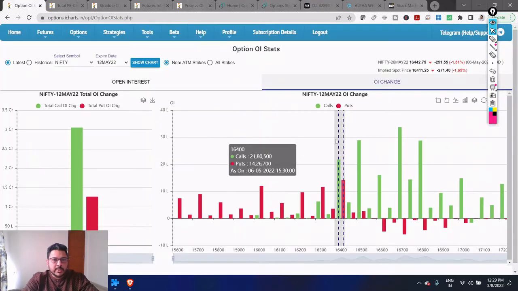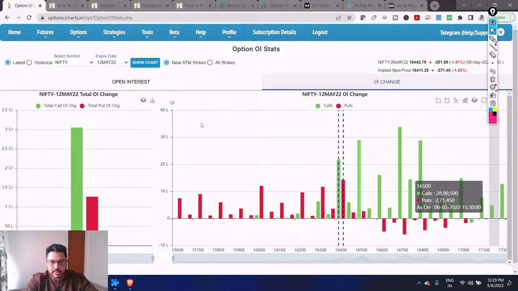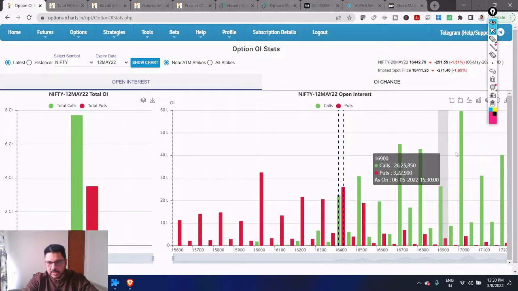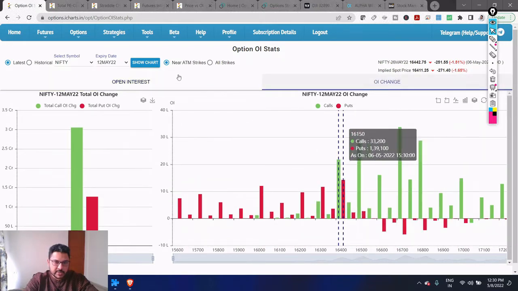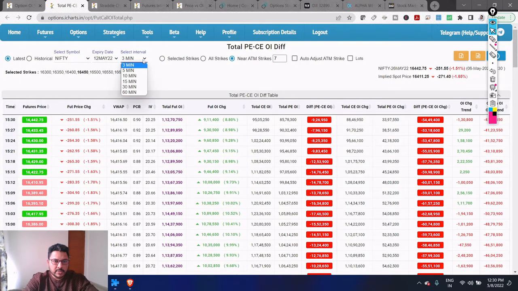Now coming to the open interest part, we can see Nifty has huge call build-up on OI change, that is on Friday also there is huge call build-up. I don't see any put writing happening here. Overall puts are also very less, so even the OI data is saying that it can be a gap down. And what is the total put call ratio on Nifty?